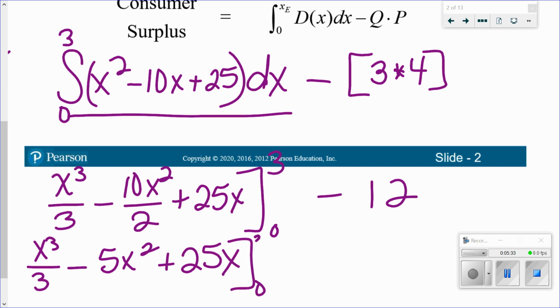Again, still needs evaluated at 0 and 3. And from that, we're going to subtract 12. So let's see. Again, I'm going to just throw this into my calculator and let it do the work. So we have x cubed over 3 minus 5x squared plus 25x.